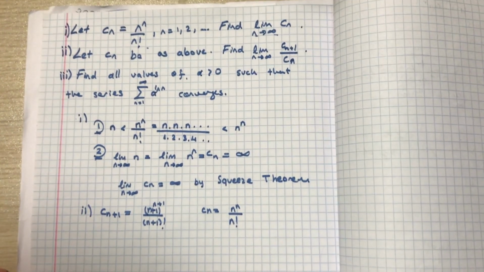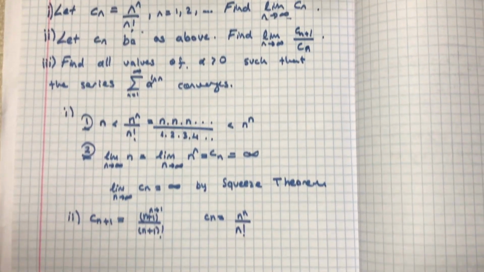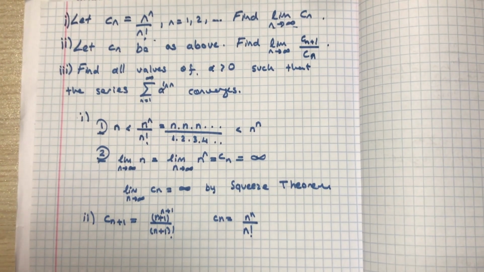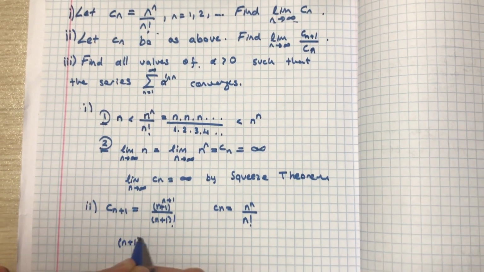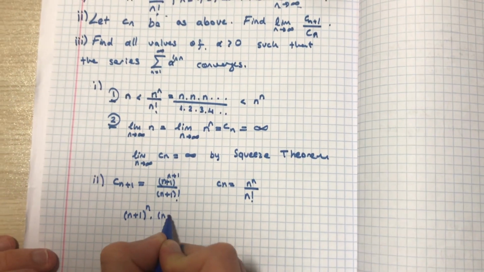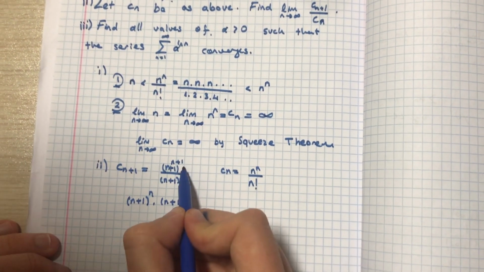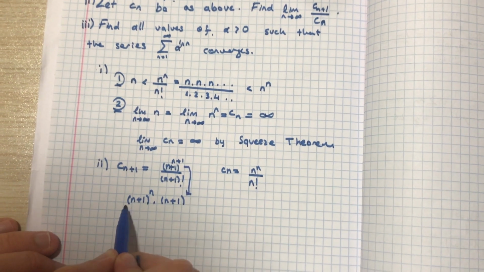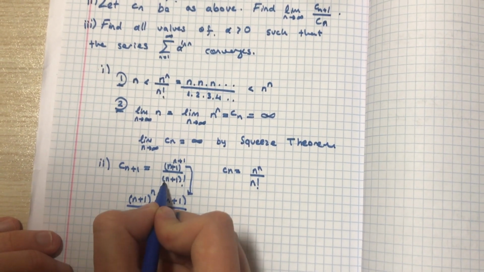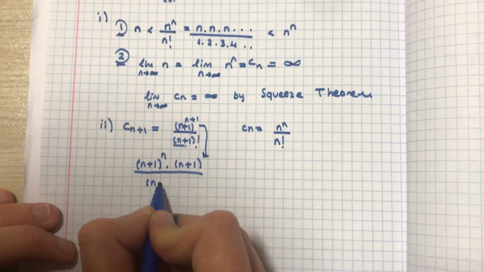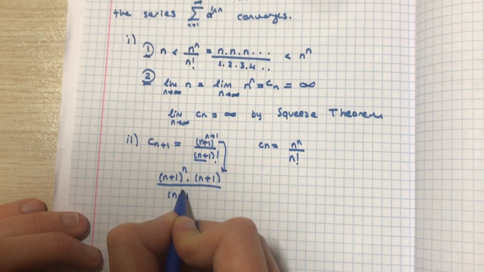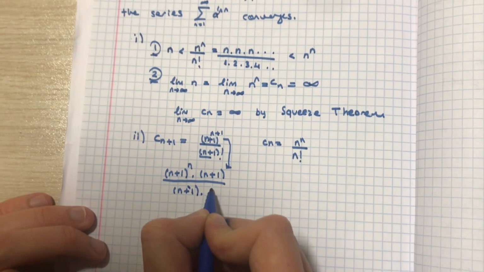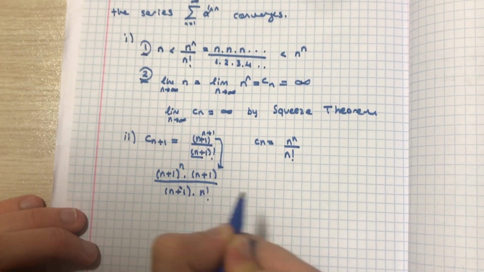and the question asks for the division and the limit as n goes to infinity. So we are going to try to divide them, but in a different way. This equals this part here. And for that factorial, we are going to write n plus 1 factorial times n factorial.